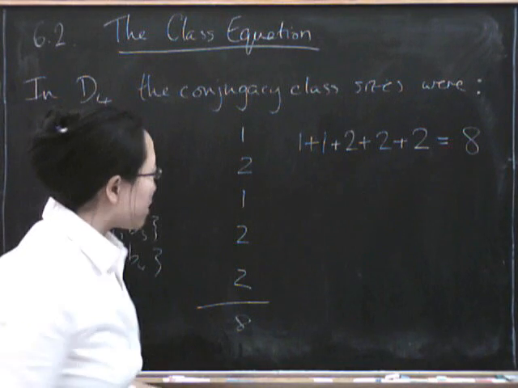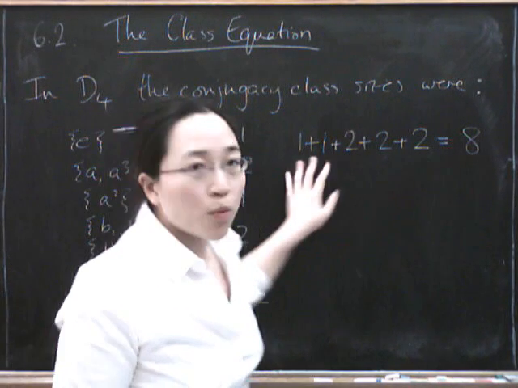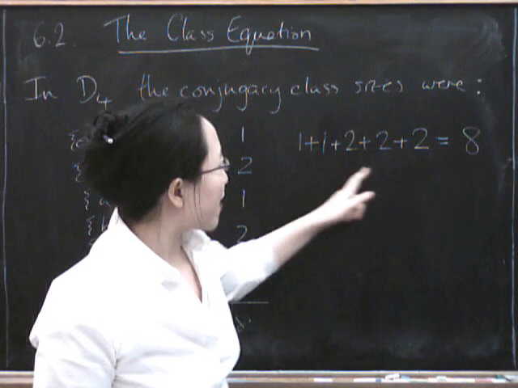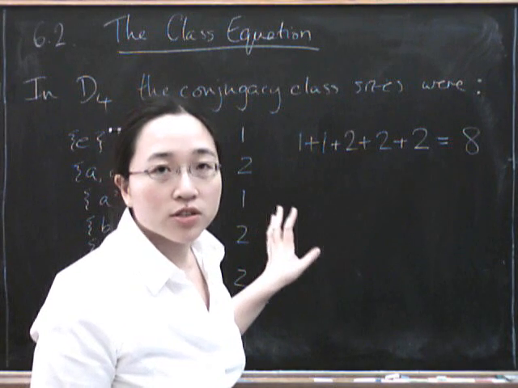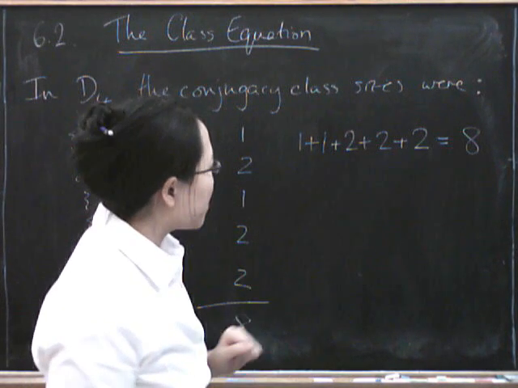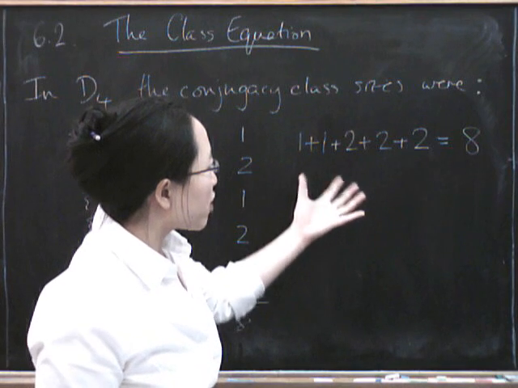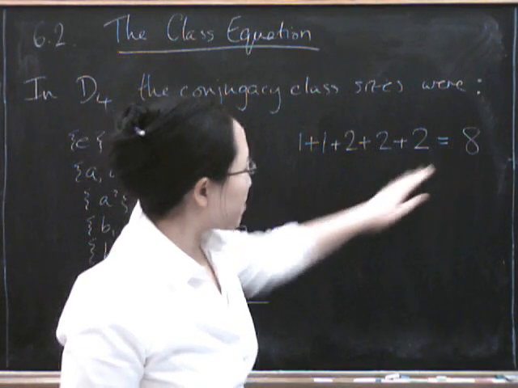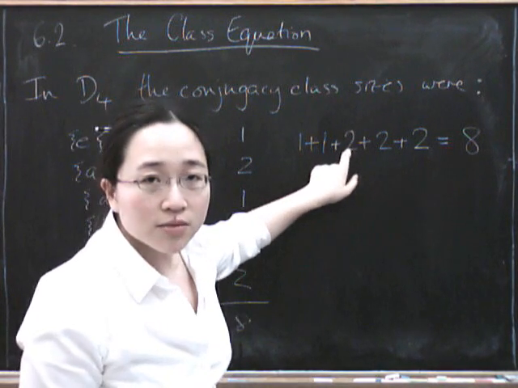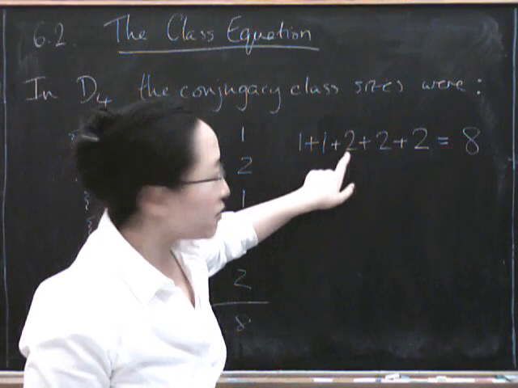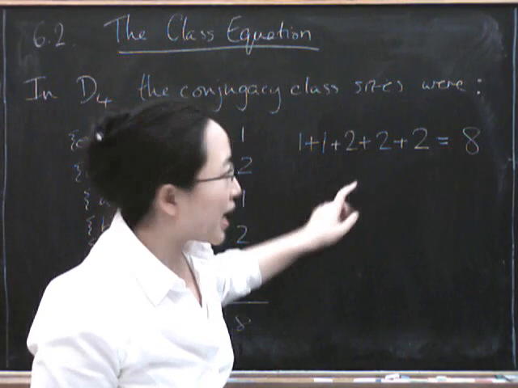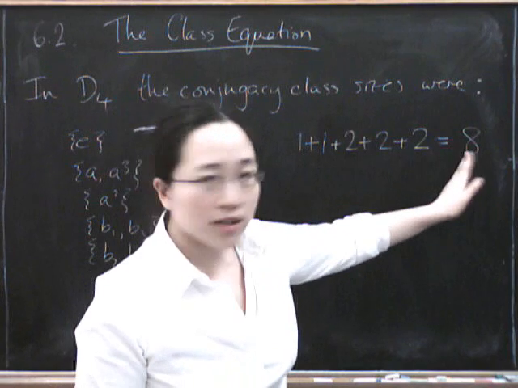But the first thing to note is that actually we can often work out what this equation is without actually having to work out what all the conjugacy classes are, just by narrowing it down according to what these numbers have to be. Because if each of these numbers is the size of a conjugacy class, we've seen that the size of a conjugacy class has to divide the total number of elements.